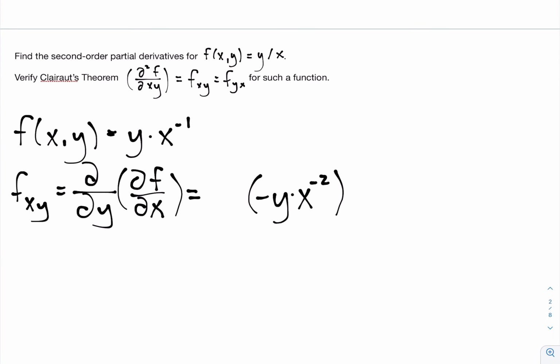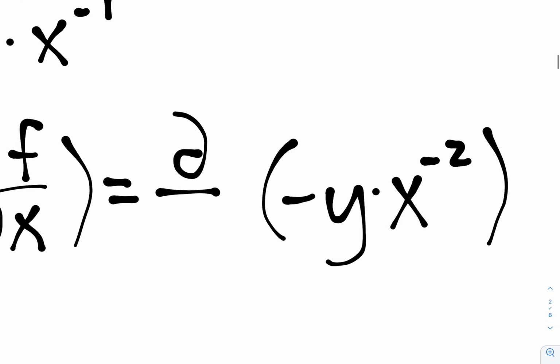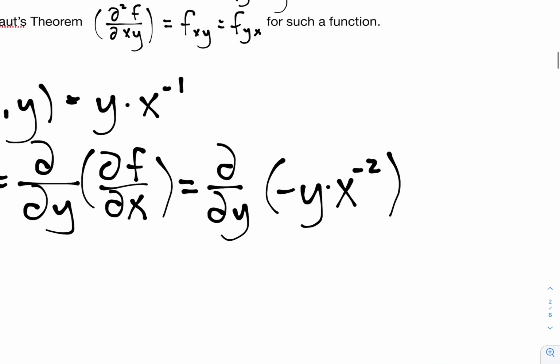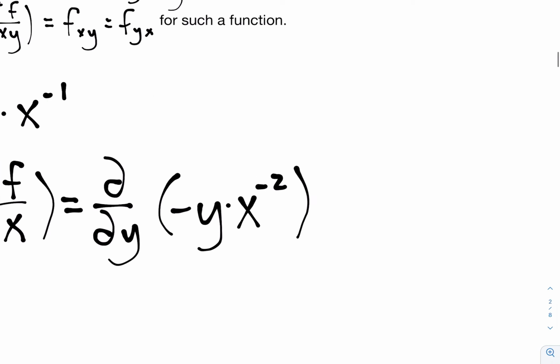Now we're going to take the partial derivative of this with respect to y. Let's think here. If we're taking the partial derivative with respect to y, that means we're leaving the x to the negative 2 constant because we're pretending it's just a number. So the derivative of negative y is just negative 1.